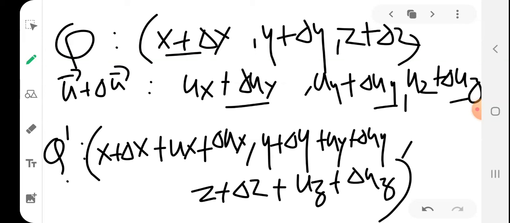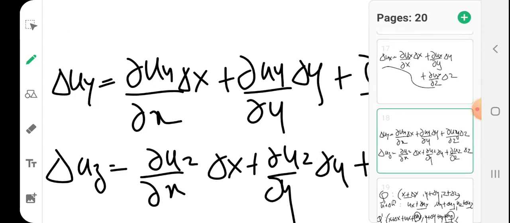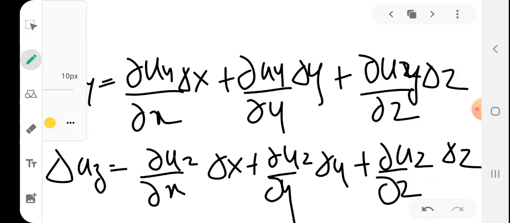Students, these terms are very important here: delta ux, delta uy, and delta uz. You know how to write those terms. In them, various differential terms like dou by dou x of ux, dou by dou y of ux, dou by dou z of ux all come.